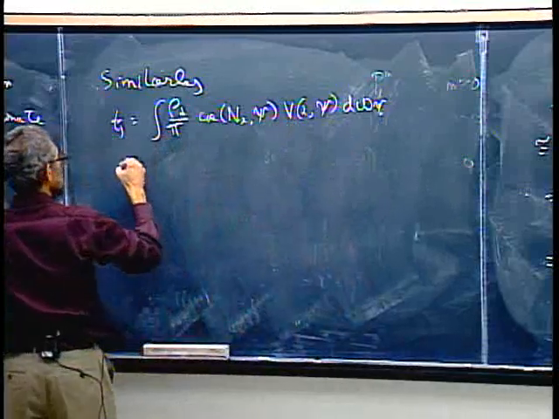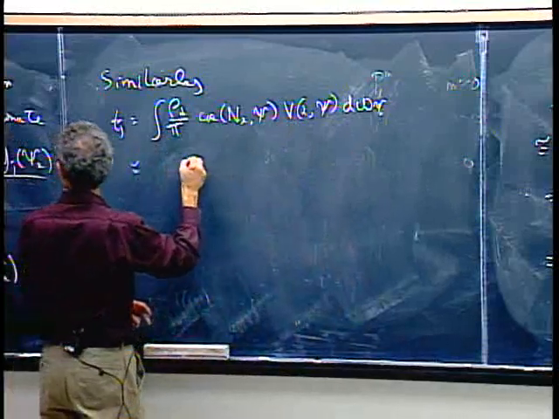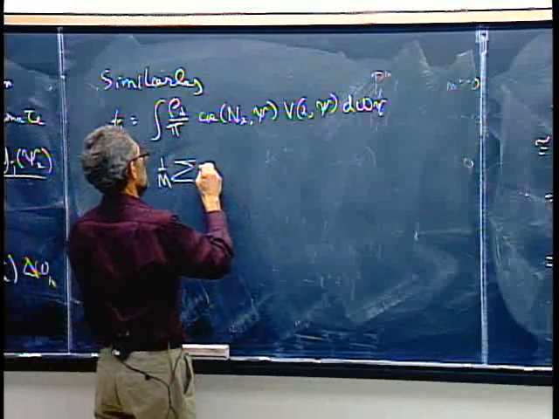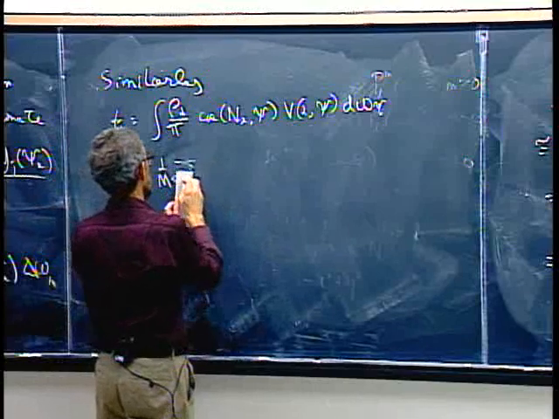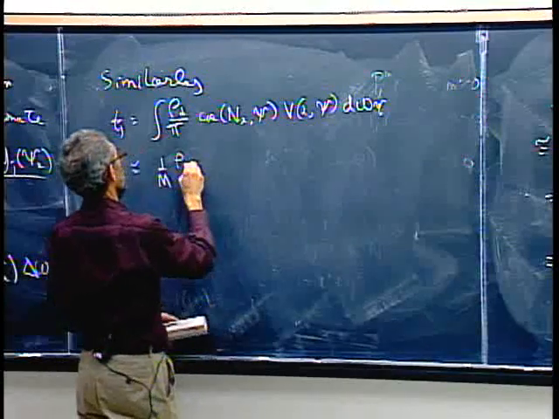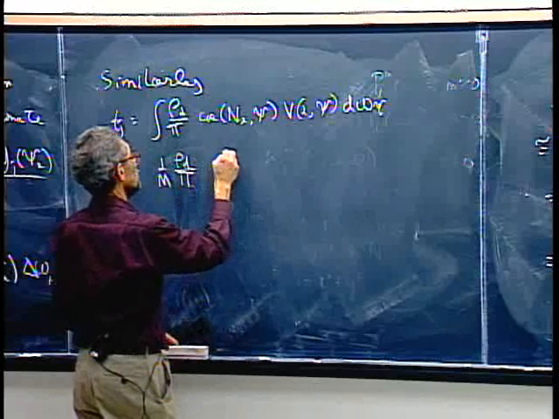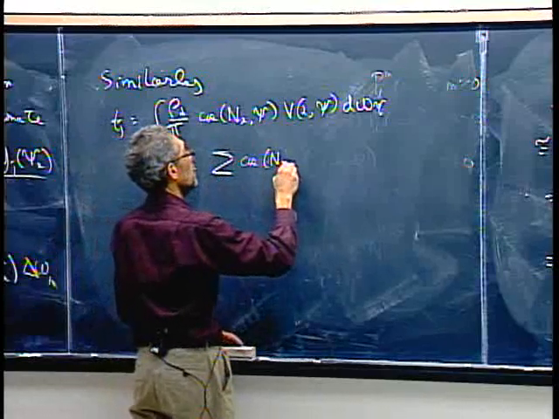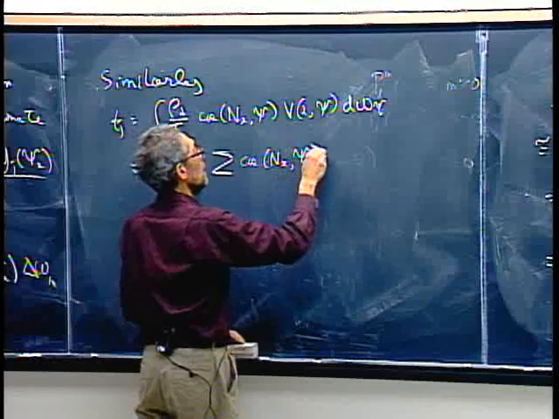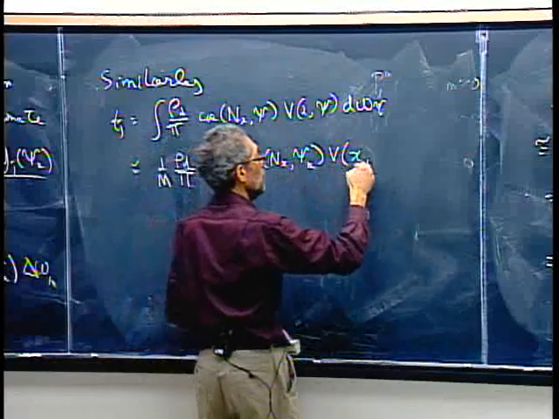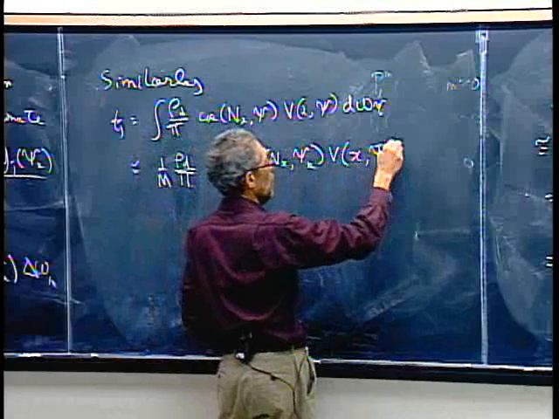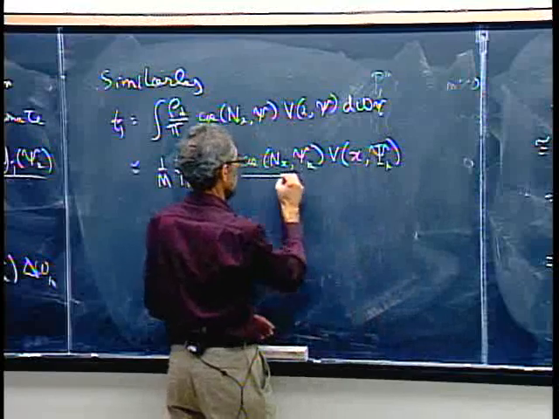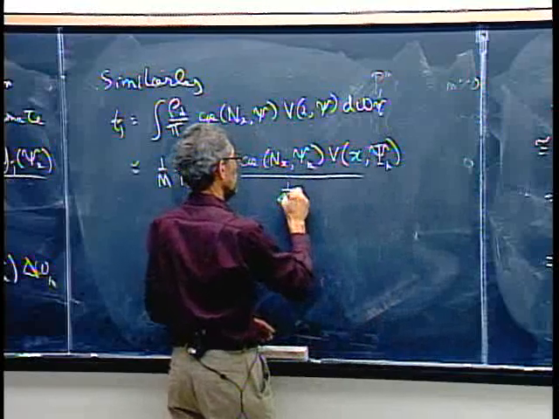And we'll estimate that as a similar sum, 1 over m of, well, I guess I can take my rho d over pi outside it, of cosine nx psi k times the visibility from that point on the surface to the environment at infinity in that direction. Let's do this sum.